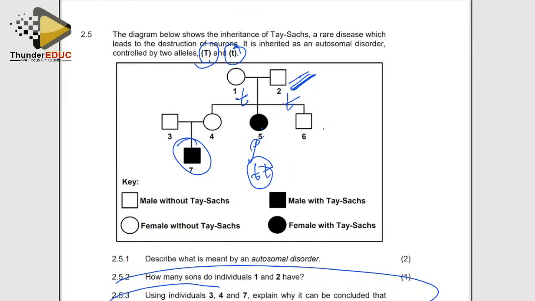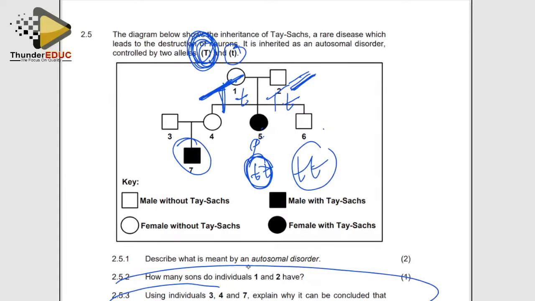So what does it mean? It means that they are normal, meaning that they have the allele which is making them unaffected. Therefore, it's capital letter T and capital letter T. So automatically, these individuals are heterozygous, so that they are able to produce this individual who is homozygous recessive.